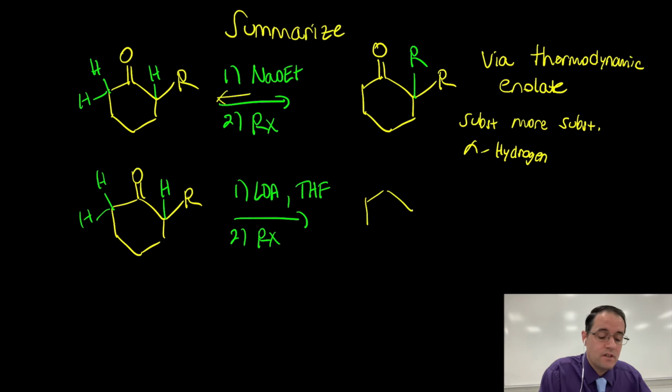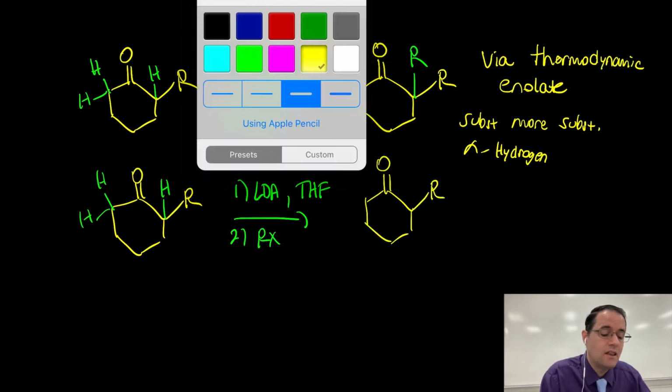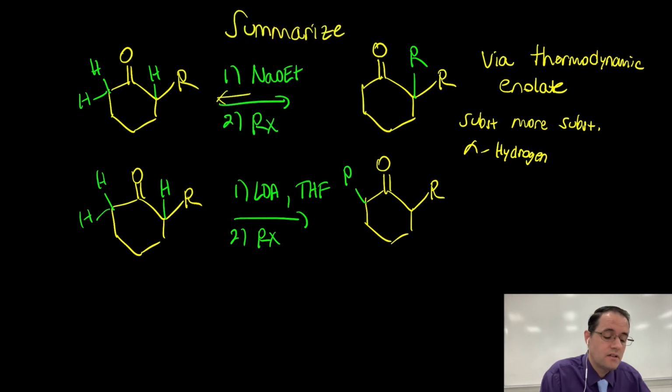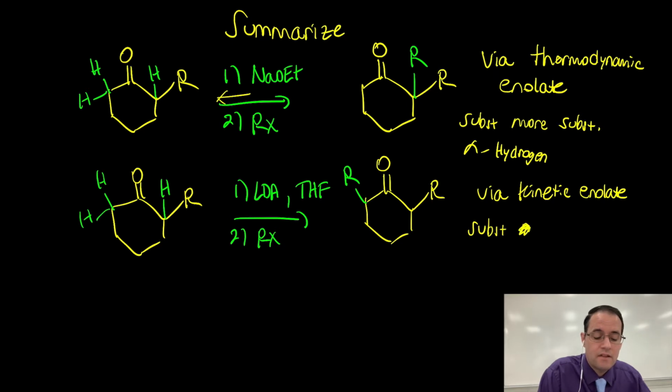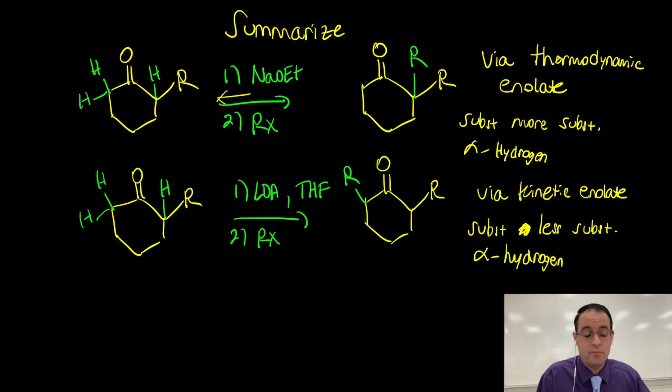What we get is substitution on the less substituted carbon. So there's a great deal of control here. This goes by way of the kinetic enolate. We want to do substitution at the less substituted alpha carbon. So that's the summary there.